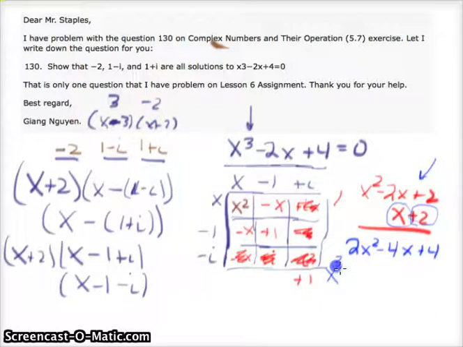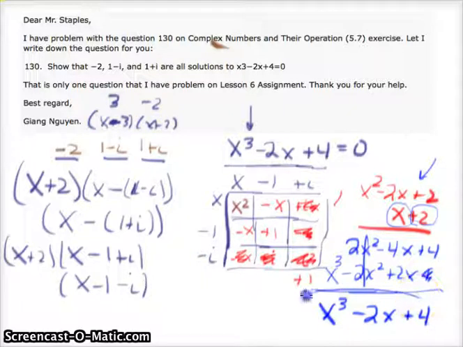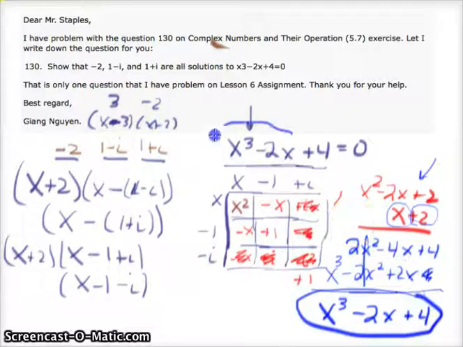That's x cubed minus 2x squared plus 2x. Now let's add all of these together. x cubed, this goes away, minus 2x plus 4. Now, does this match this?